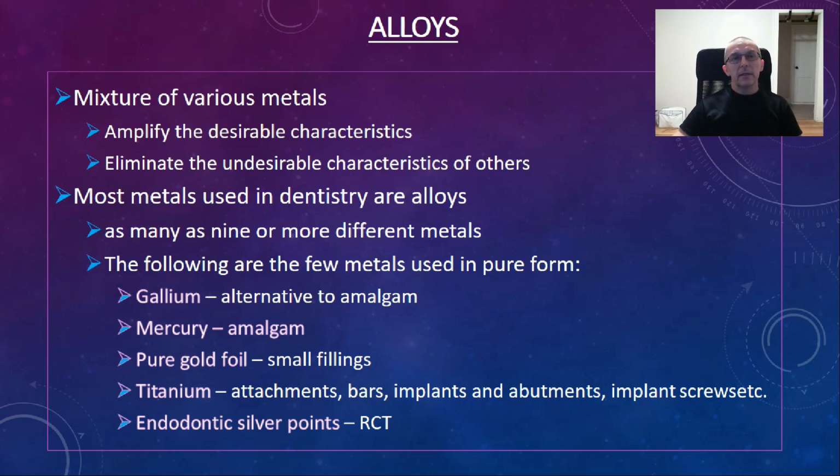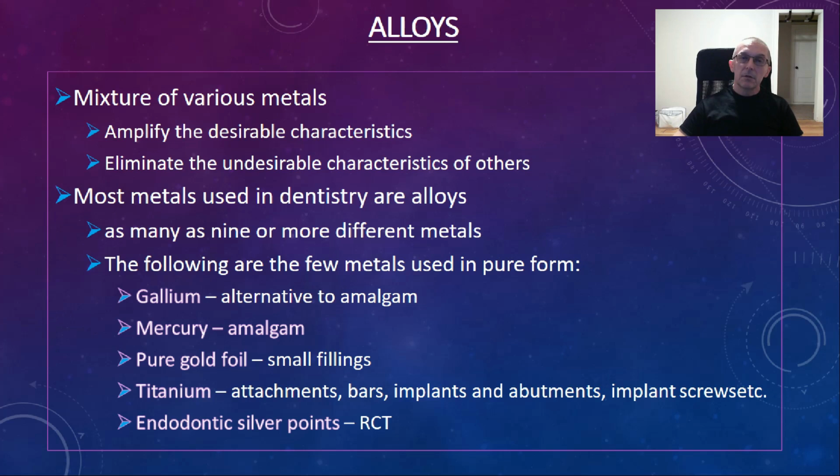Most metals in dentistry are alloys. The only metal in dentistry that is used in its purer form is gold, and that particular gold is used to fill very tiny fillings because it is so soft that it would not be able to withstand the biting forces.